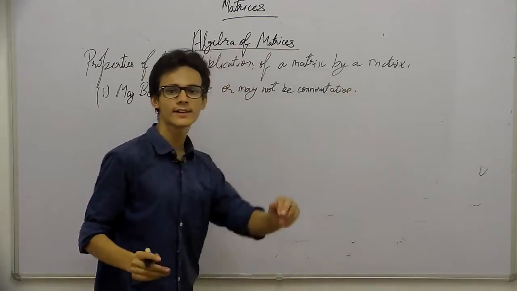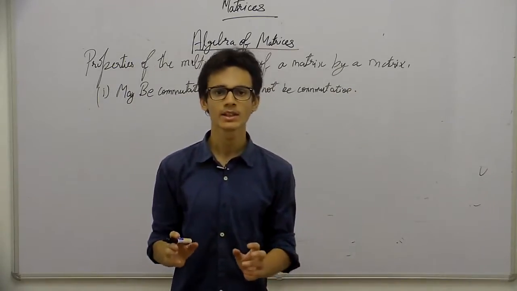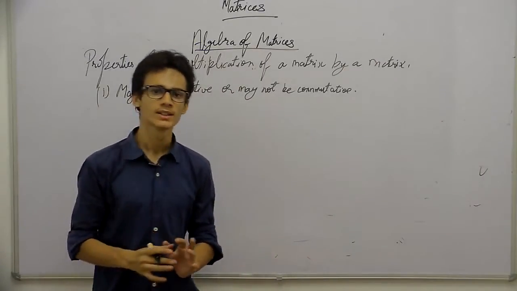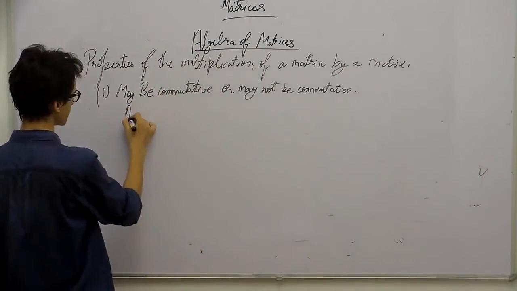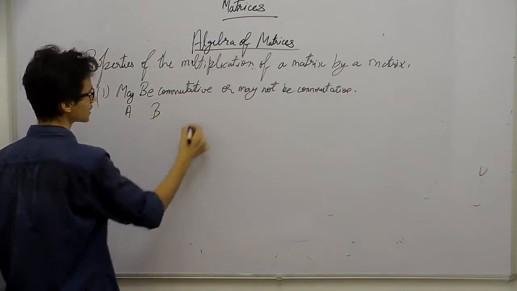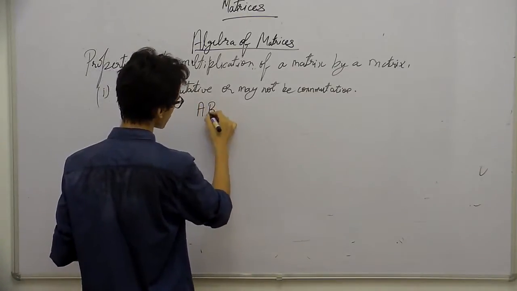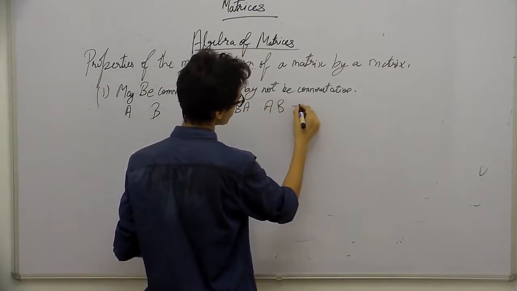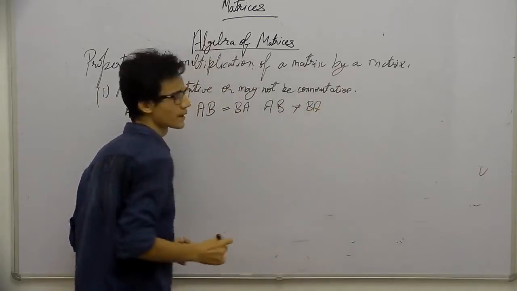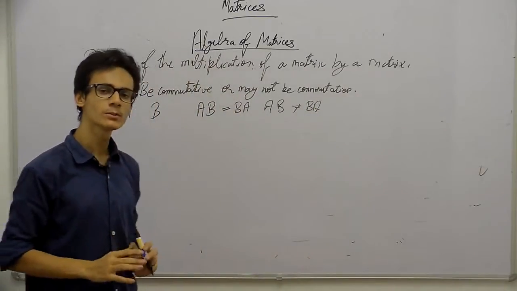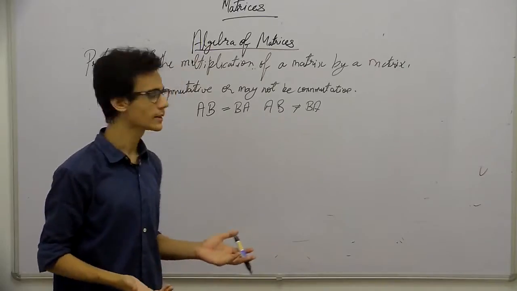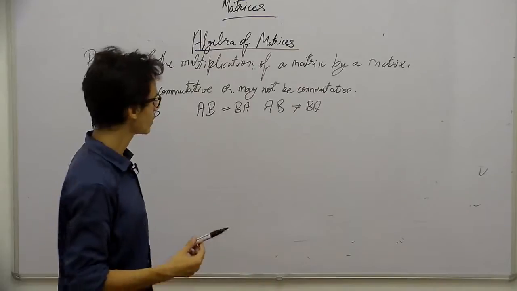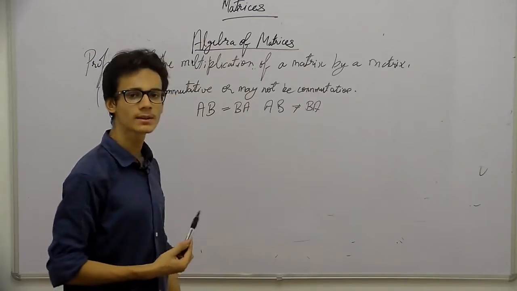If we have two matrices A and B, we don't know anything about the commutativity of A into B. We do not know whether AB will be equal to BA or AB will not be equal to BA. It can be either case. It may be commutative, it may not be. We can't say anything about this.